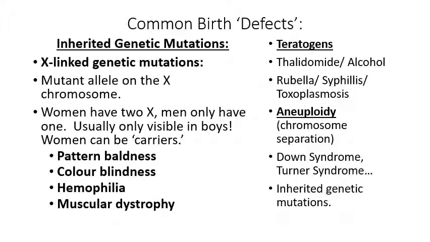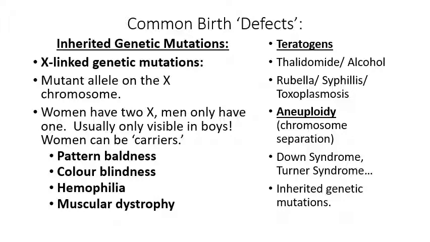So I mentioned X chromosomes and what are known as X-linked genetic mutations. This is where you have a mutation on the X chromosome. Most of these X chromosome mutations are what are called recessive genetic mutations, which means that they only show up if you have only one X chromosome. If you have two X chromosomes, you may have the mutation on one of them, but the gene on the other X chromosome is okay.